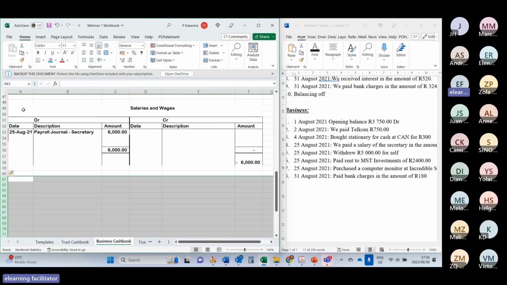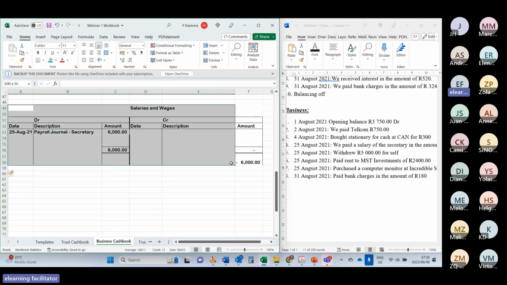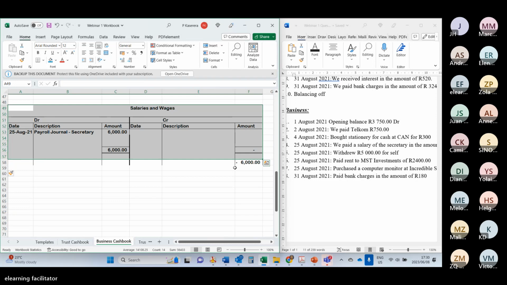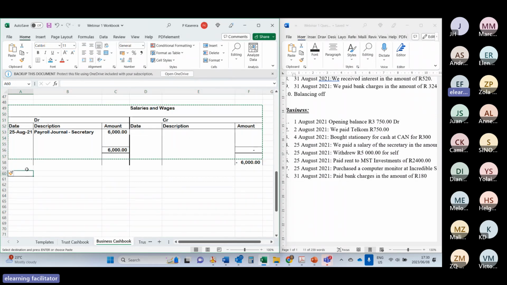And then we've got our rent. So it can be that if we've got an account with MST, if they allow us to pay them partly, but if they just say we want our money before the 1st, then it means we have to just post it directly to the rent account.